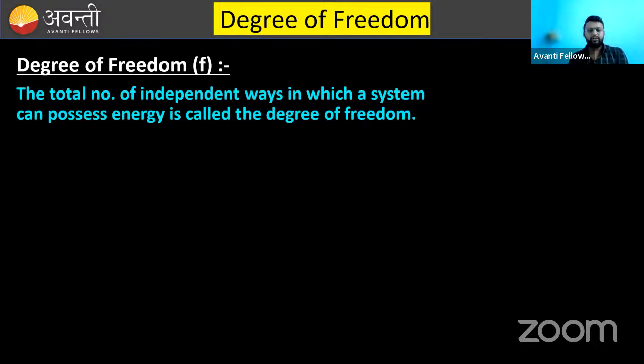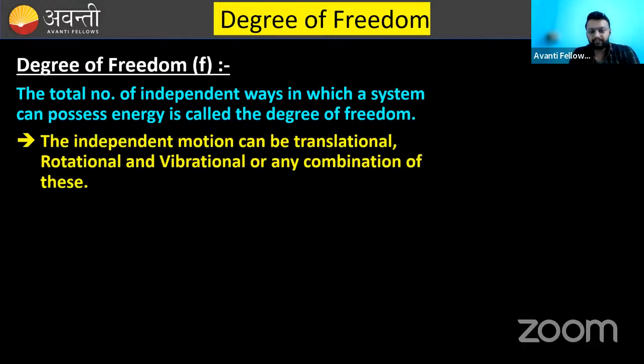The total number of independent ways in which a system can possess energy is called degree of freedom. I think the definition is clear. And what are these ways? I have told you in the previous sessions that it can be translational, rotational, vibrational, or any combination of these.